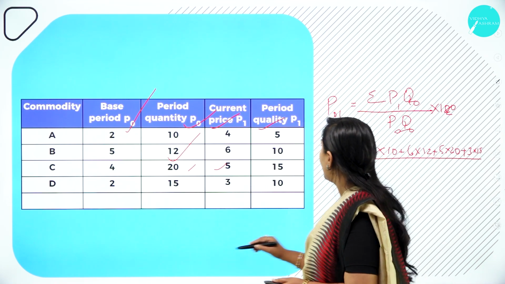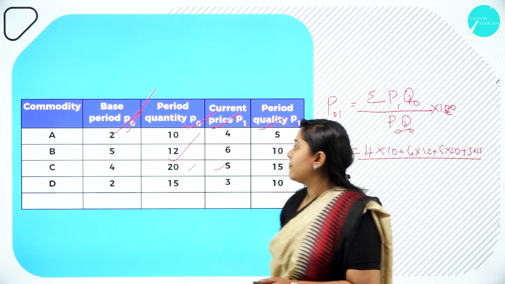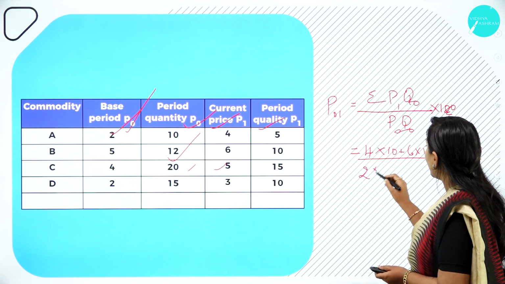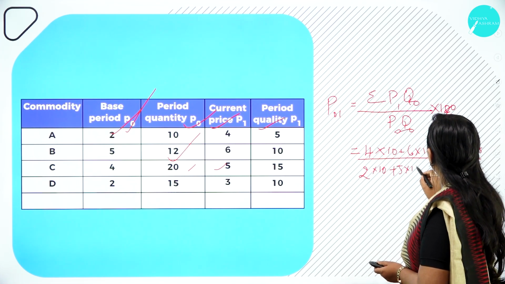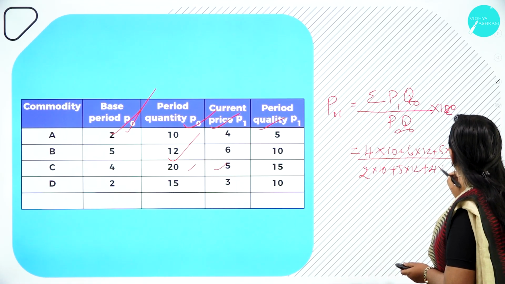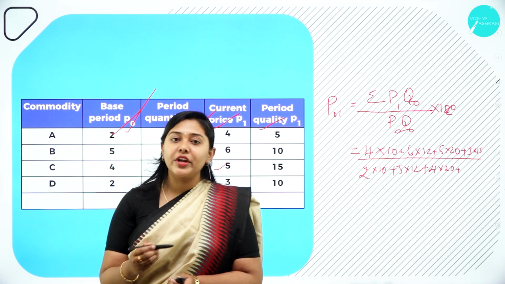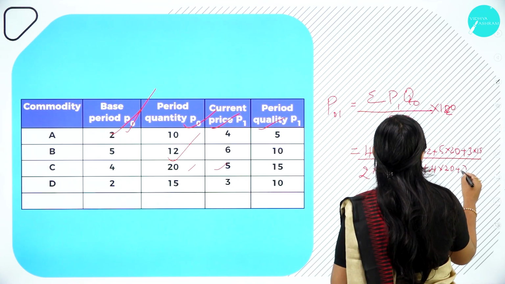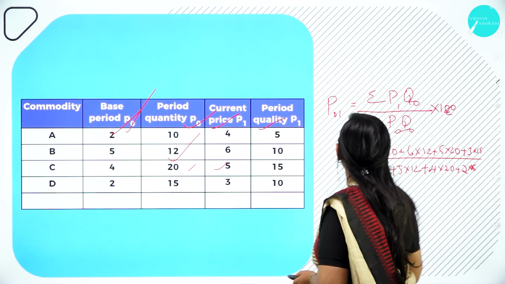Next, the base period price times quantity: 2 into 10 plus 5 into 12 plus 4 into 20 plus 2 into 15, into 100.